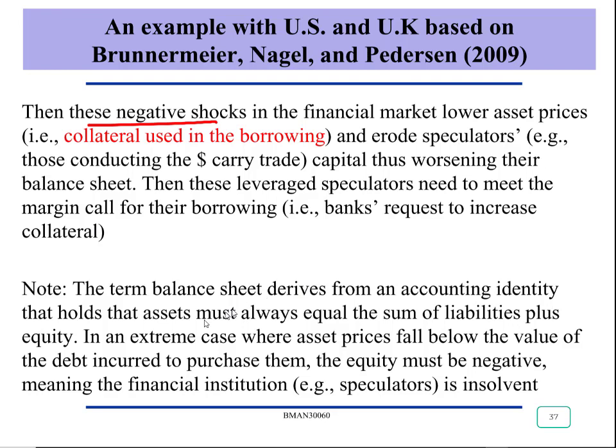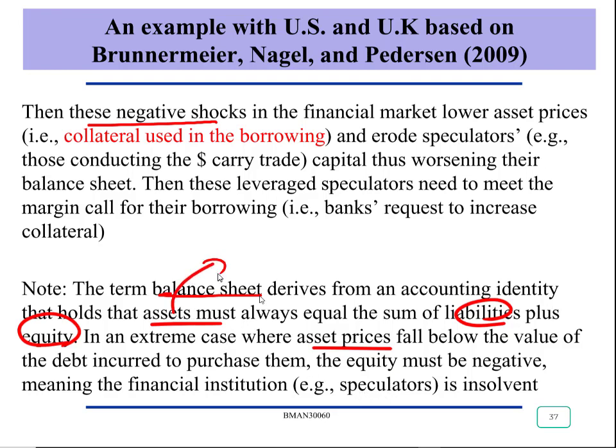By the way, the term balance sheet derives from an accounting identity that assets should be equal to the sum of the liability and equity. In an extreme case where asset prices fall below the value of debt incurred to purchase them, the equity could be negative in financial institutions. In other words, speculators in FX market. What is the asset of these speculators?